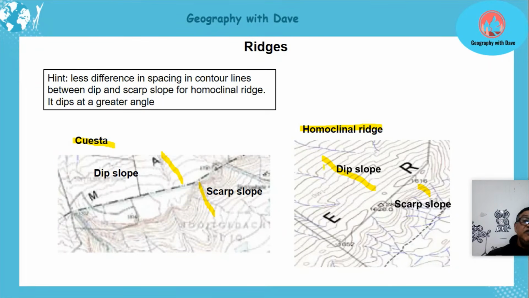But if you're stuck and it's not really clear, then go with the homoclinal ridge. All right. And if the examiners see that it wasn't very clear, they will take the answer of the homoclinal ridge. Here it is very, very clear. All right. When you see the difference, that is definitely far apart. All right. Compared to this one. Okay. And that is your ridges.